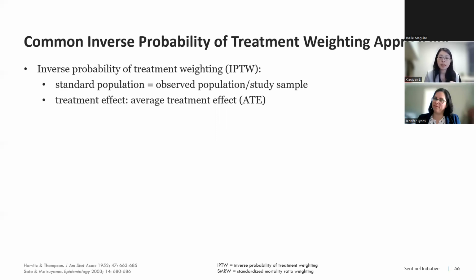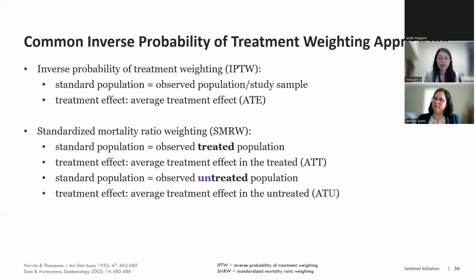Using the standardization language, the standard population here, or the target population, is the entire observed study population or study sample. We can also alter the weights to get other treatment effects, such as the effect of treatment among the treated using standardized mortality ratio weighting, also known as SMR weighting.